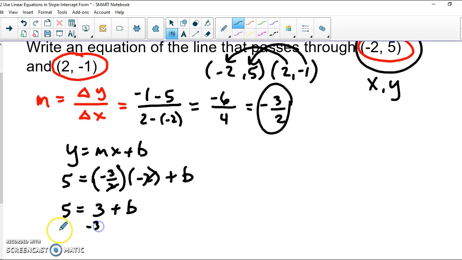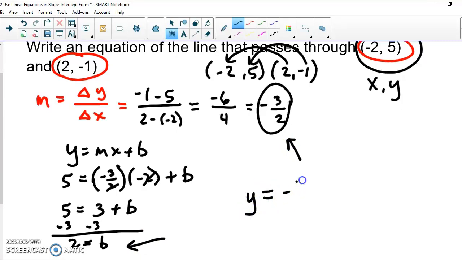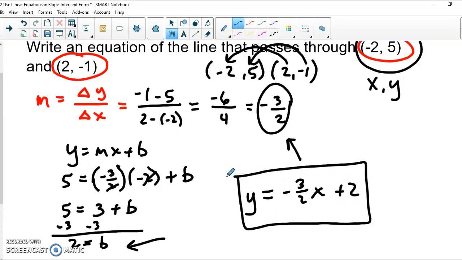And now I'm going to solve for b by subtracting 3 from both sides, and I find that b equals 2. So now I know my slope, and I know my y-intercept, so I can say y equals negative 3 halves x plus 2. And I have the equation of my line. Now, if I had substituted in the coordinates of this other point, I would still find the same y-intercept.